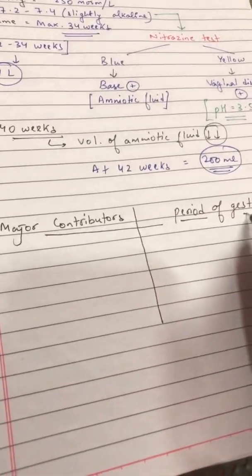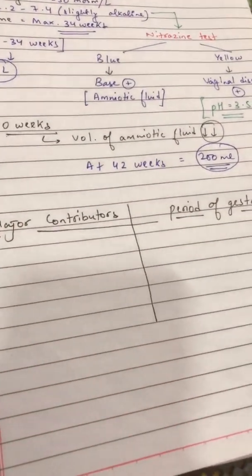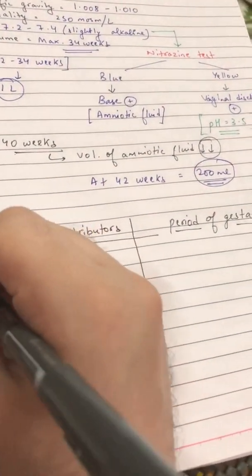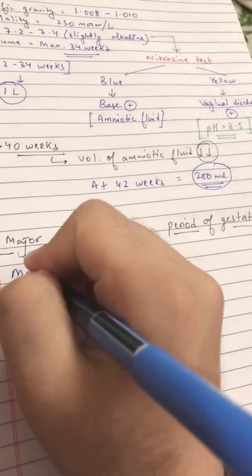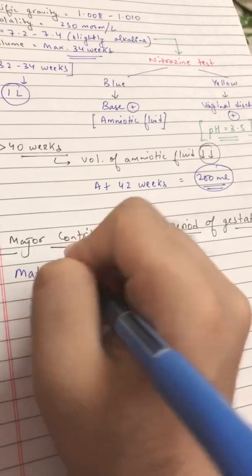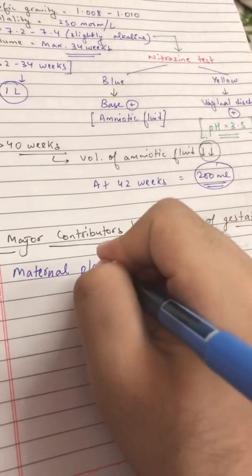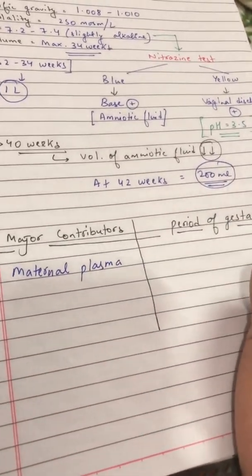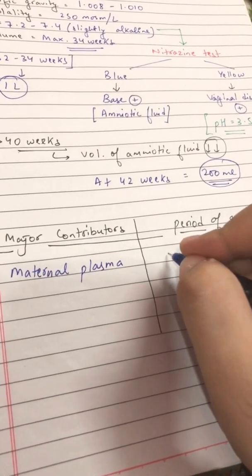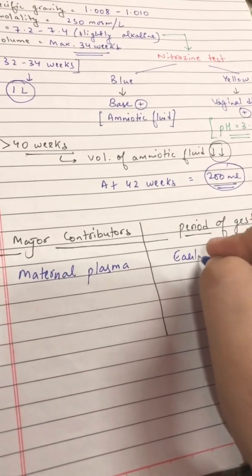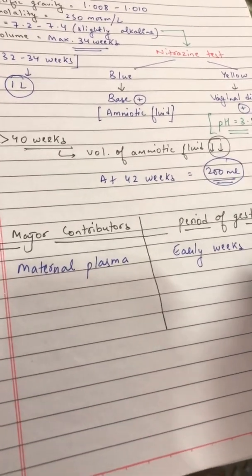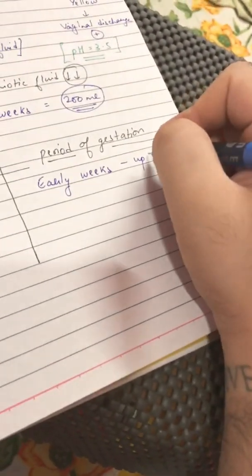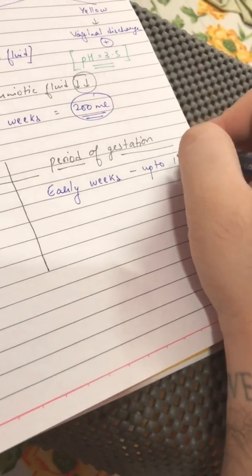There are only three major contributors of amniotic fluid. First is maternal plasma, which is present in the early weeks of pregnancy, up to the first trimester.